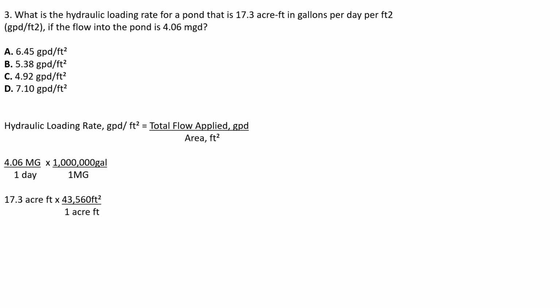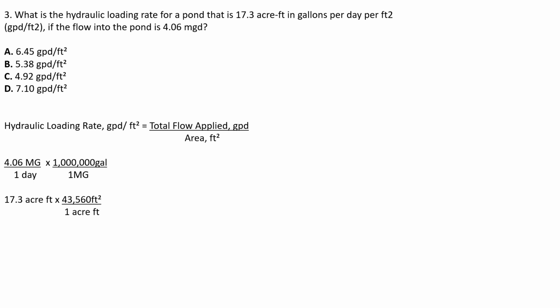So here's how you can convert that. 4.06 million gallons in 1 day times 1 million gallons over 1 mg. Your mg's will cancel out and leave you with gallons per day. There is 43,560 square feet in an acre foot. We want the acre feet to cancel out, so 17.3 acre feet times 43,560 square feet over an acre foot.